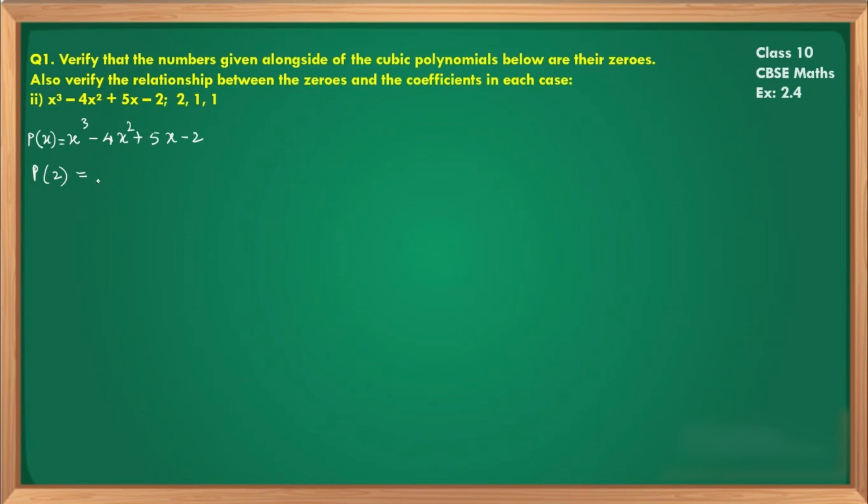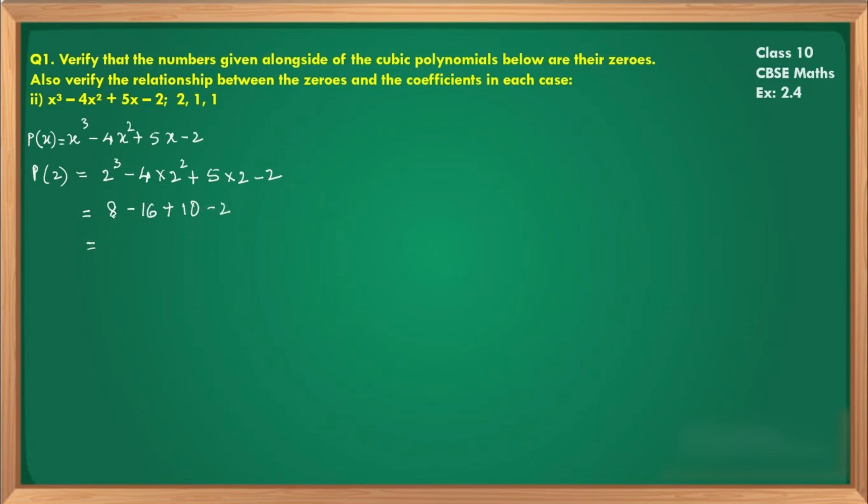Now 2 cube minus 4 into x square, that is 2 square, plus 5x means 5 into 2, minus 2. Now further simplification, 2 cube is 8, minus 4, and then 2 into 2 is 4, 4 into 4 gives you 16, plus 5 into 2 is 10, and then minus 2.